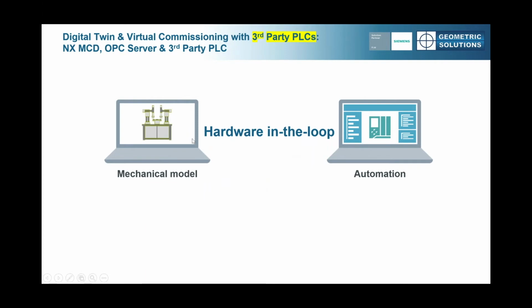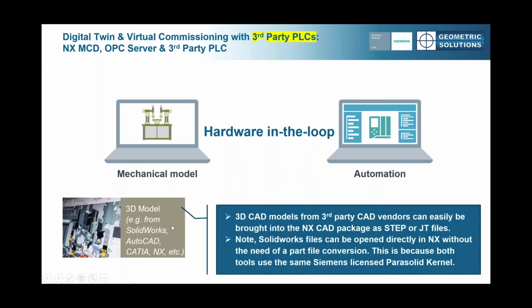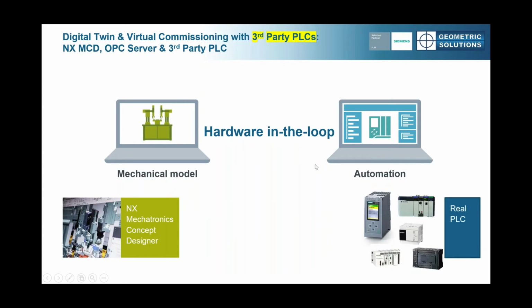Basically, we're going to have the NX MCD model, just like we had in the previous. We open up the file. We start running NX MCD, putting on all those physics and the conveyors and sensors and so on. Well, then we have a real PLC. So that's where it's the hardware.